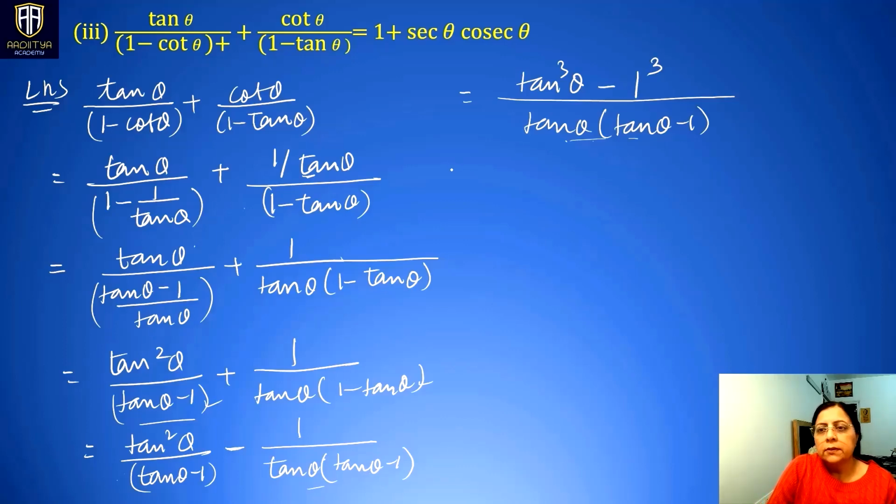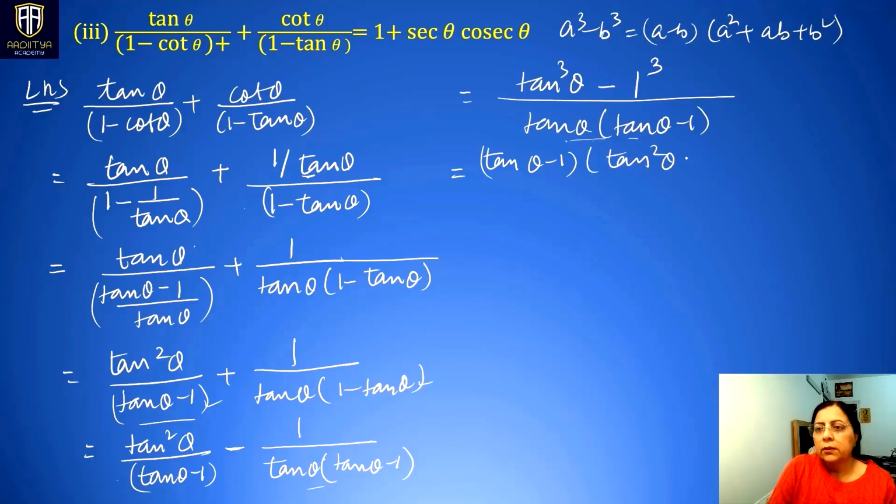We can write this as a cube minus b cube. Now I am using this identity. A cube minus b cube is a minus b, in bracket we have a square plus ab plus b square. So tan theta minus 1, a square is tan square theta, plus 1 into tan theta is tan theta, plus 1 square is 1.